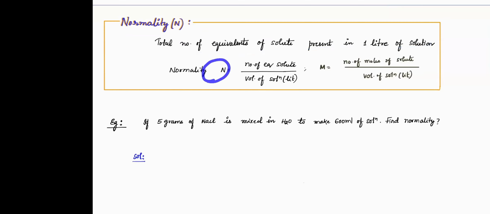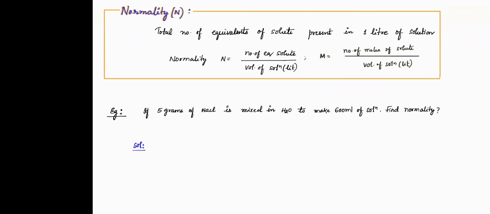So normality N will be equal to the number of equivalents of solute divided by the volume of the solution. And number of equivalents can be written as number of moles into valency factor, isn't it?